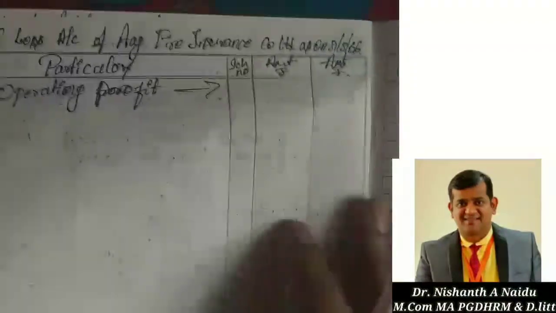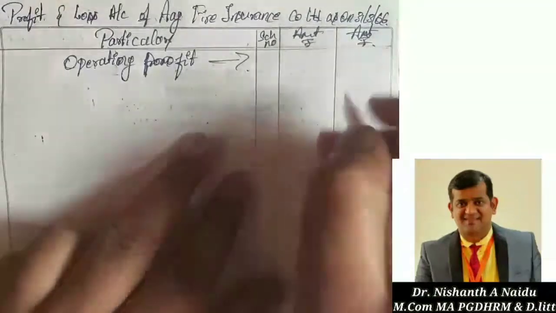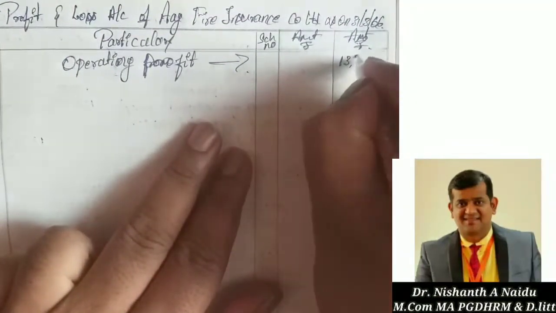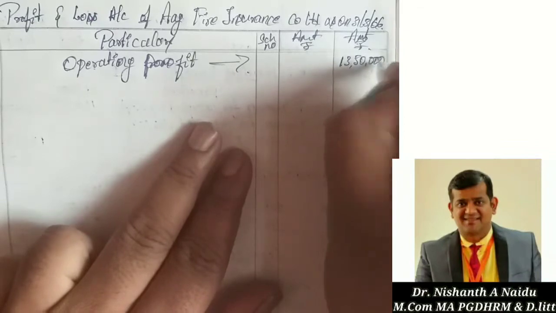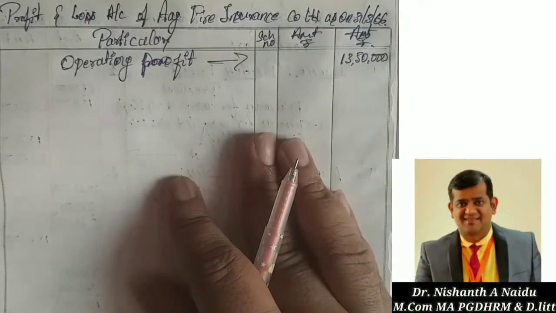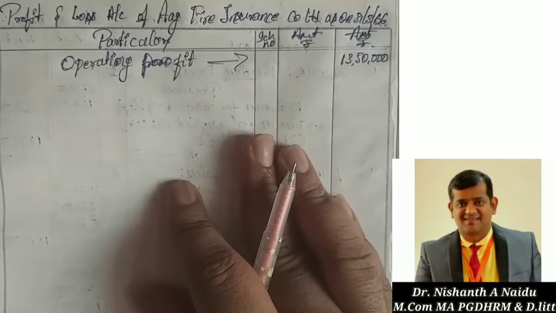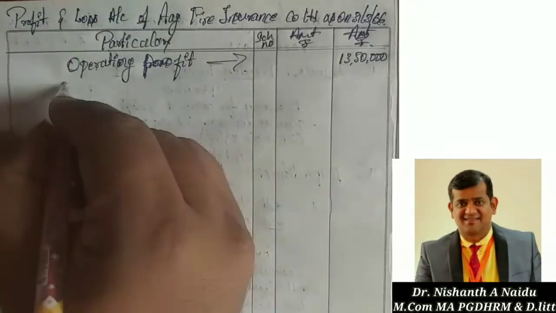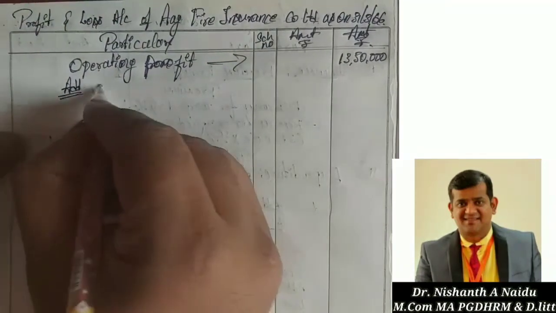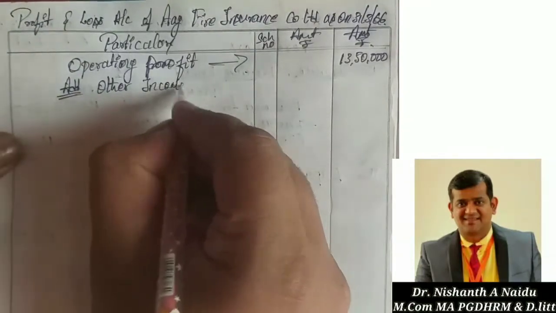So I am taking that 13,50,000 rupees directly here. After this, whatever expenditure or any income needs to be added here. So write down, add other incomes.